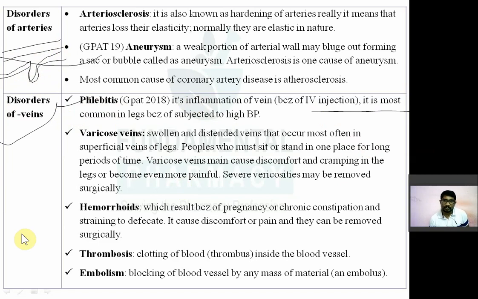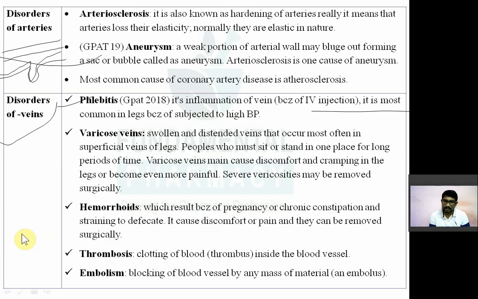If any patient is admitted in the ICU, the intensive care unit, at that time continuous intravenous fluids are injected into that patient. If you do not rotate the intravenous site, what happens? Due to the continuous presence of that syringe in the vein, there is a collection of blood cells, a formation of clot, an infection, and an inflammation.